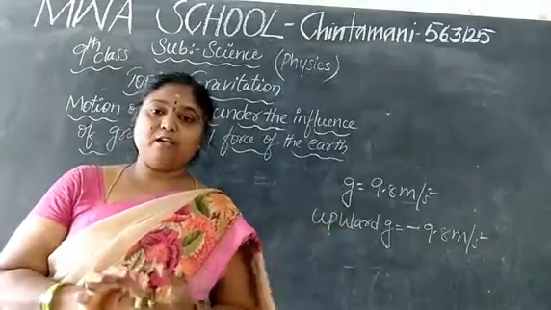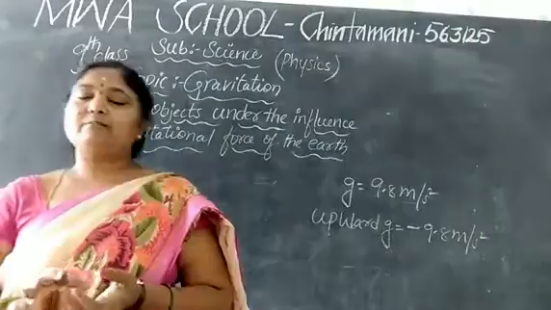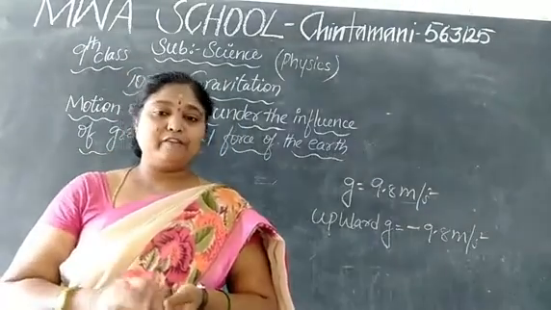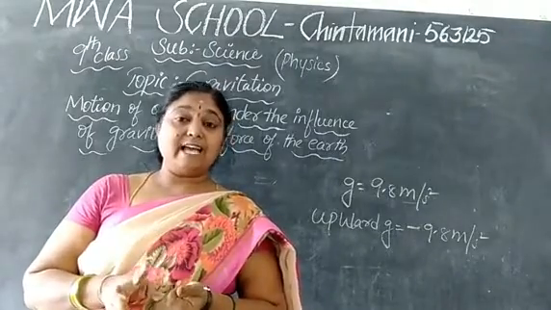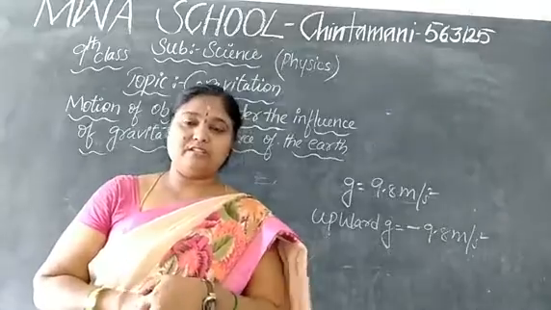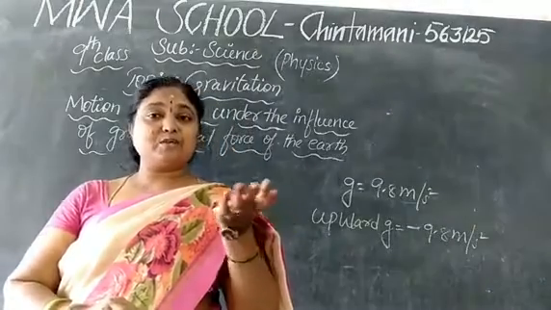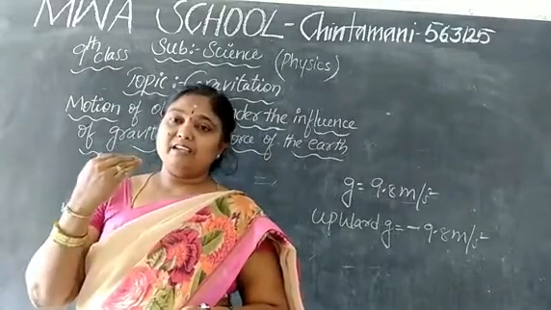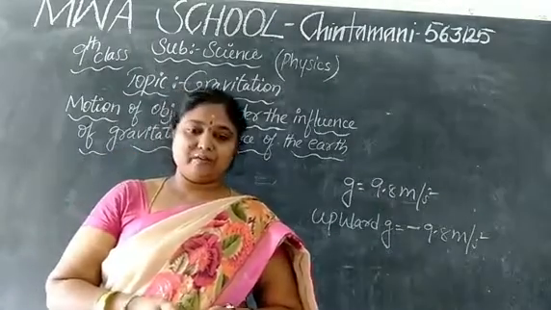So for the free fall, what we learned in the previous class, the acceleration due to free fall, for this motion we have equations. In your previous classes, you have learned about these equations. Today, let me note down what those equations are.